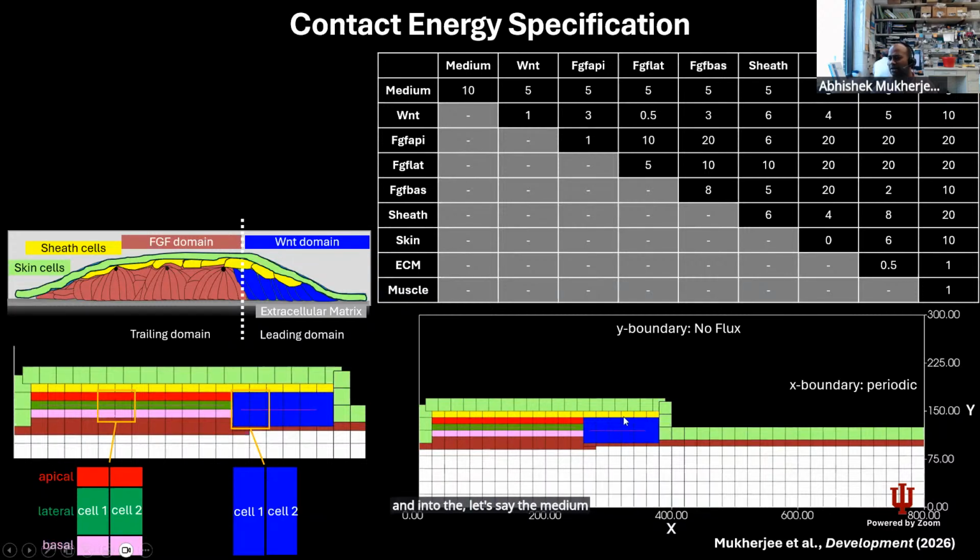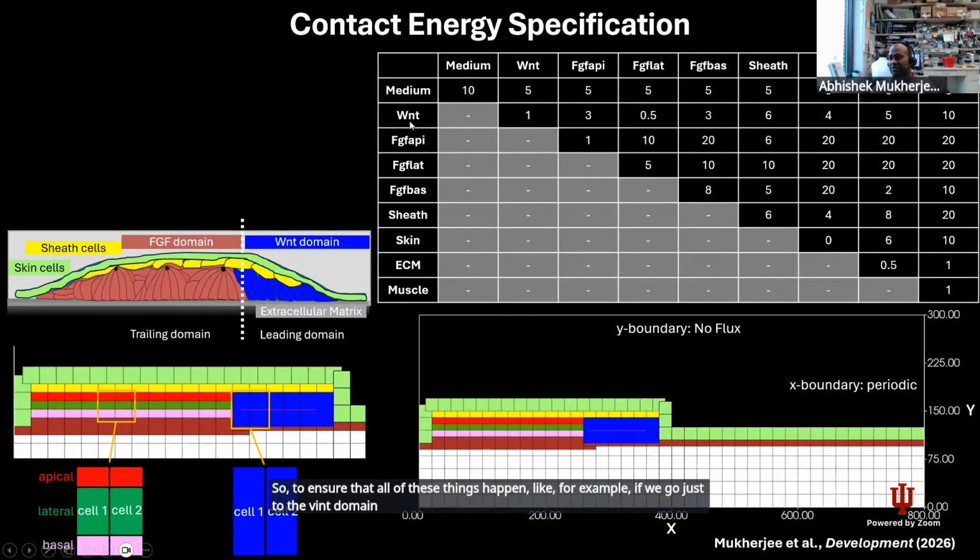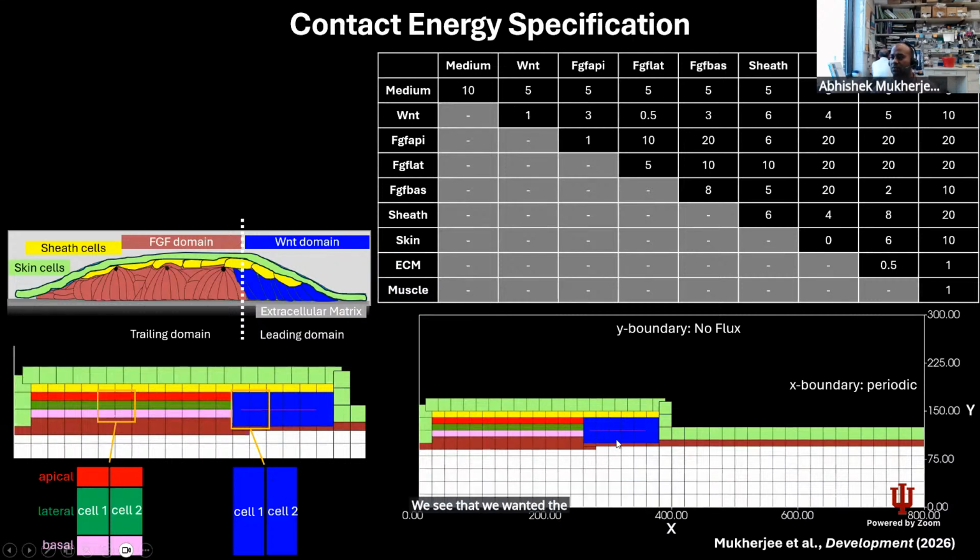So to ensure that all of these things happen, for example, now if we go just to the Wnt domain specification, contact energy specification with itself as well as with the other cell types, we see that we wanted the Wnt cells to remain relatively adherent to each other, more adherent to each other, and so we had low contact energy for that.